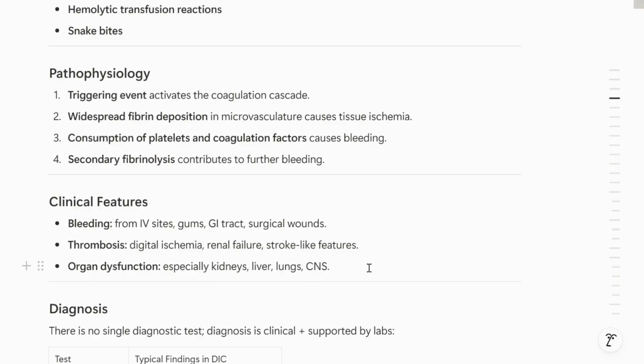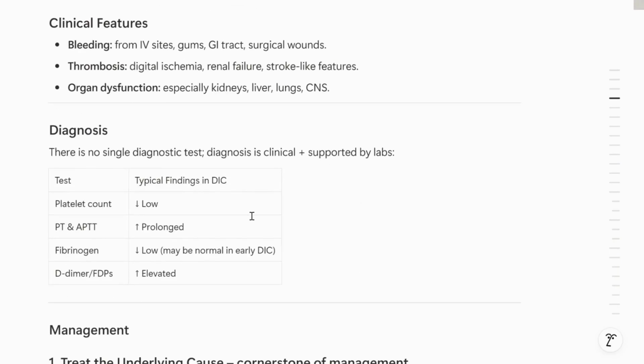So how are you going to diagnose that? There is no single diagnostic test, but we have a few. First of all, there will be consumption of platelets, so they will be low. On the other end, consumption of the coagulation factors will present clinically in the form of increased PT and APTT.